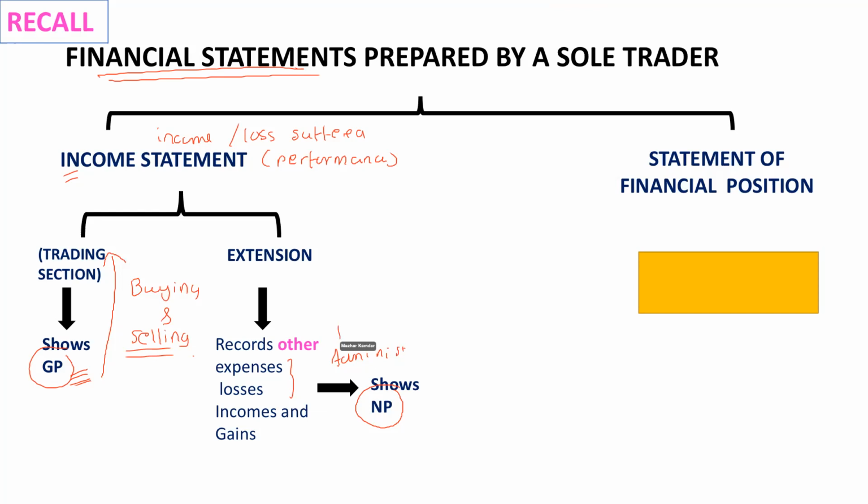You would deduct the financial expenses. You would add the other income which is not the trading income. Then you would arrive at the net profit. So the trading section and the extension of the trading section, both together, will show you the performance of the business.